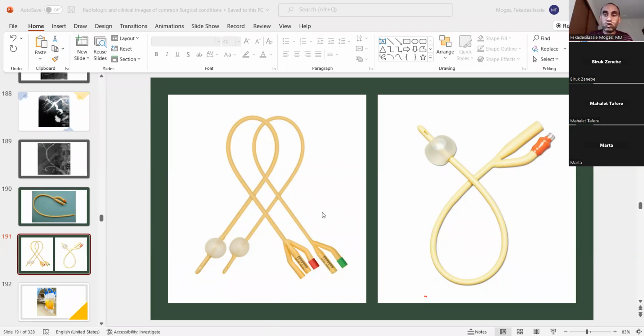Like we said, TURP, transvesical prostatectomy, any urologic surgery, rectal surgeries, abdominal pelvic surgeries, gynecologic surgeries, cesarean section, total abdominal hysterectomies, and radical hysterectomies for cervical cancer. During those procedures, you may catheterize the patient. There are many indications for catheterization related to surgery.